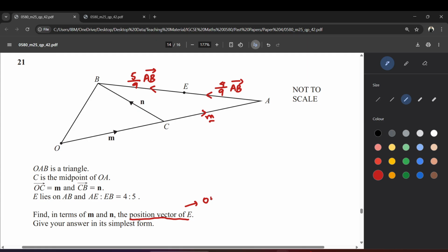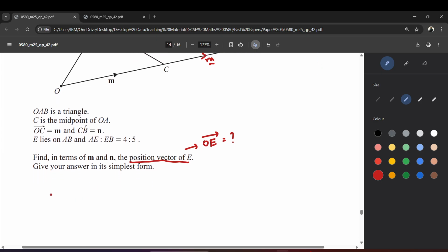Position vector is OE. Okay, so you need to find this. If I want to go from O all the way to E, the route that I can take is I can go from O to C, then C to A, or I can directly say O to A and then A to E. So let me write that down.